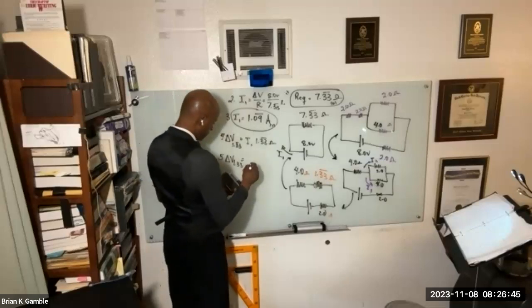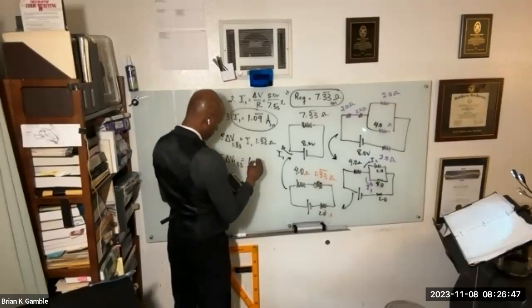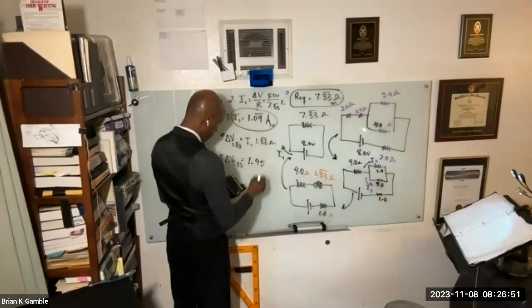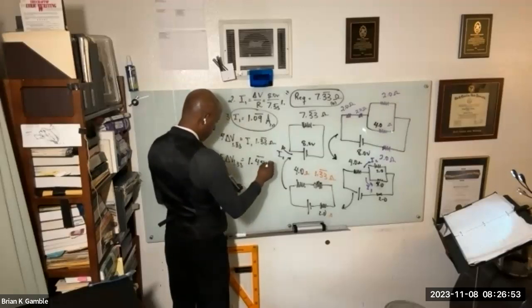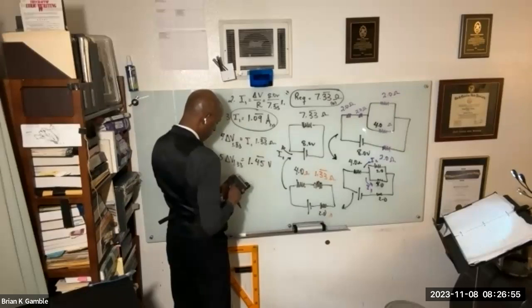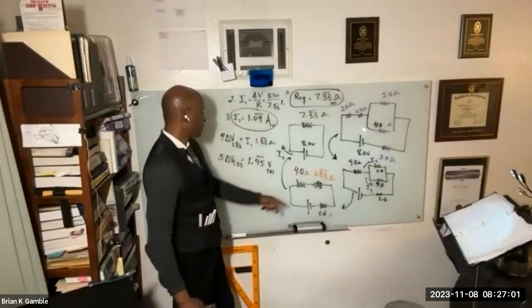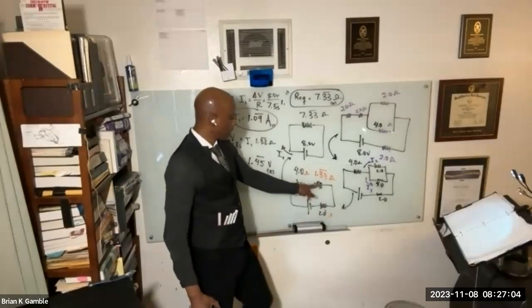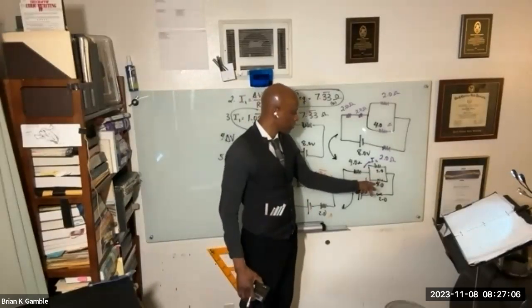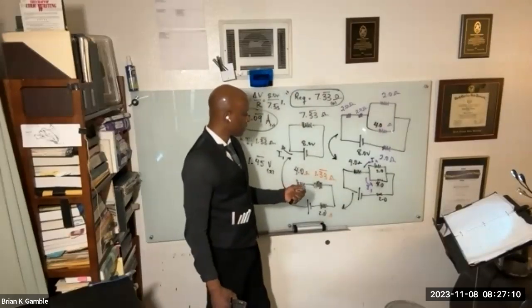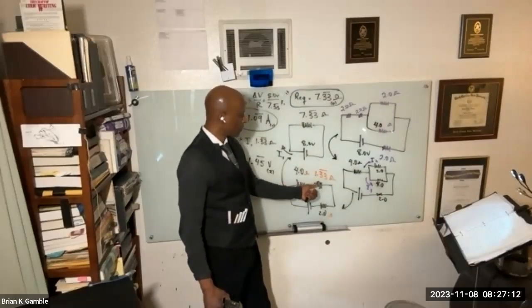That voltage is 1.45 volts. Now, if that's the voltage on this guy, which is the equivalent resistance of these two in parallel, the voltage on resistors in parallel is the same, and is the same as the equivalent voltage.